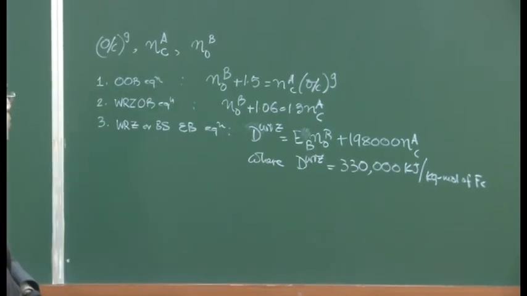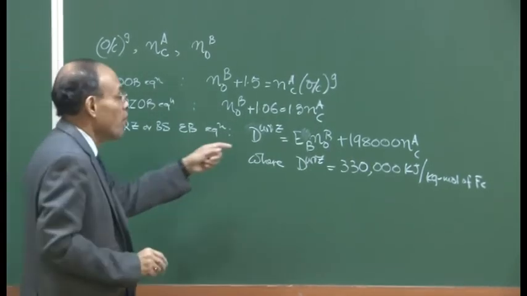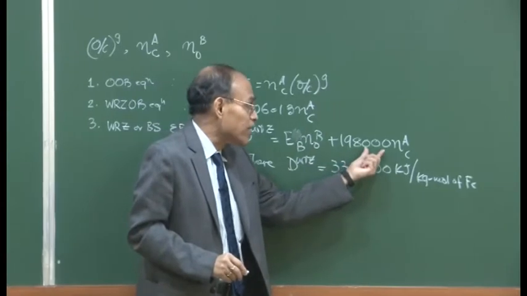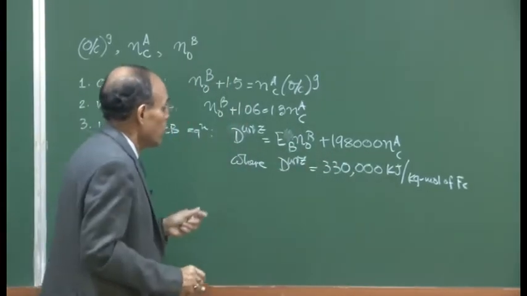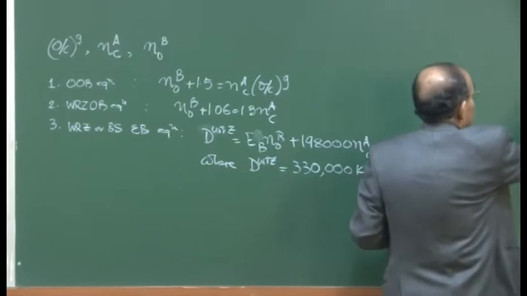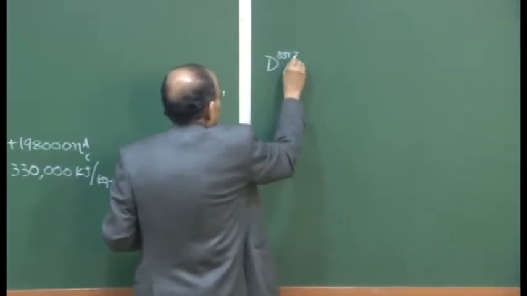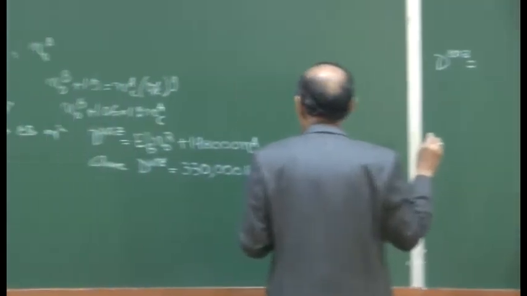Okay. And also I have represented, and if you remember where this 198,000 term has come from, let me write it down for you once again so that we can recapitulate, because that is going to be useful for us.